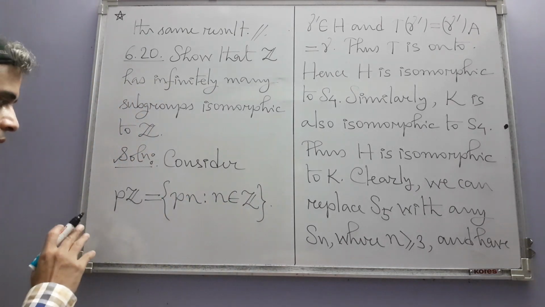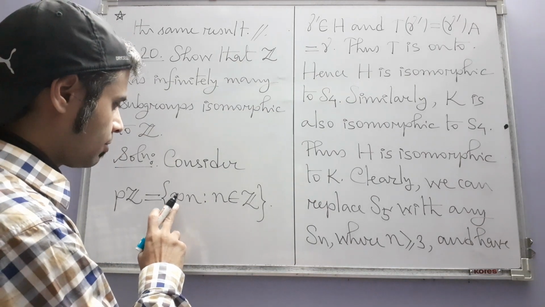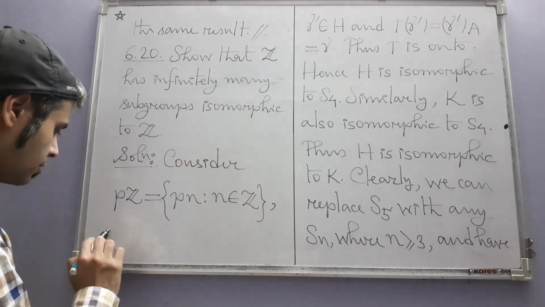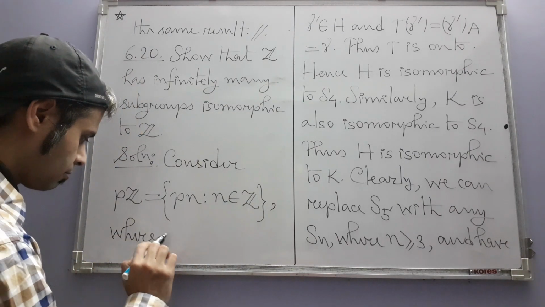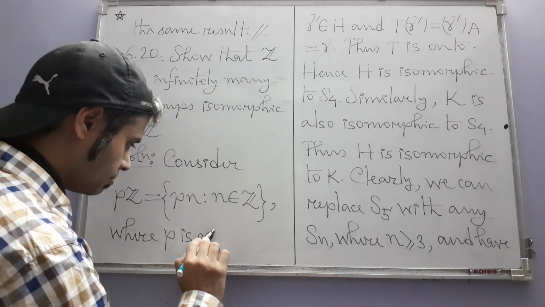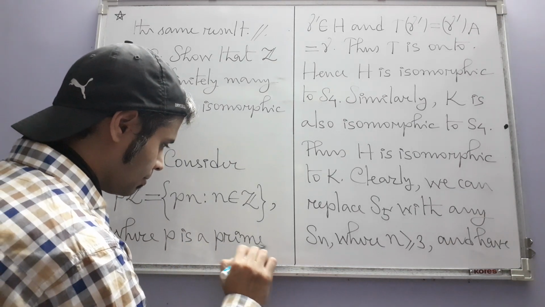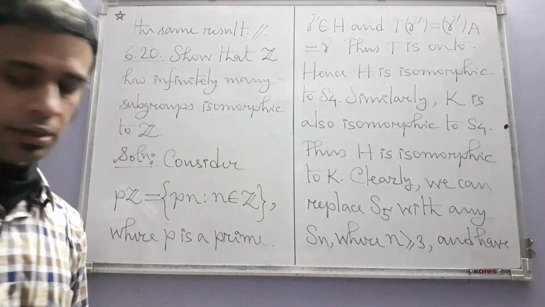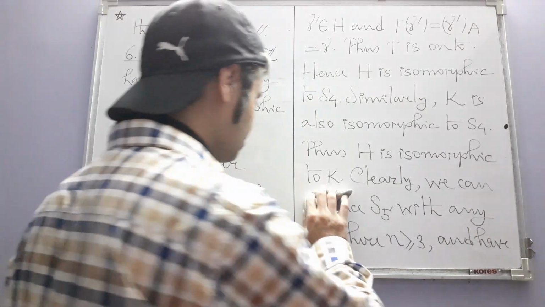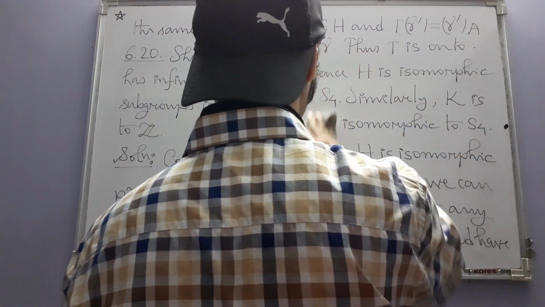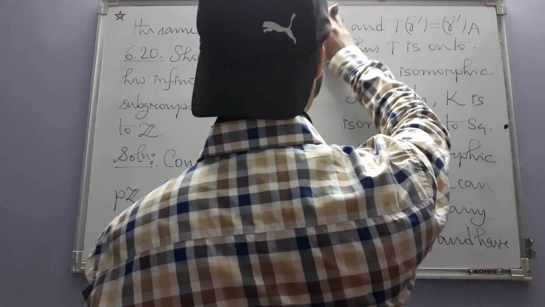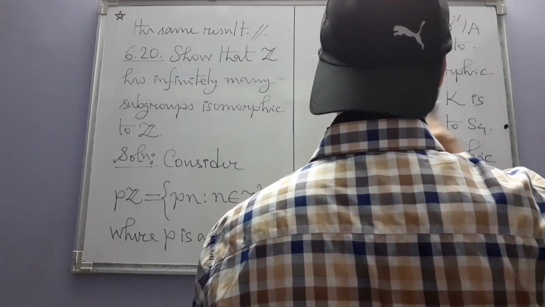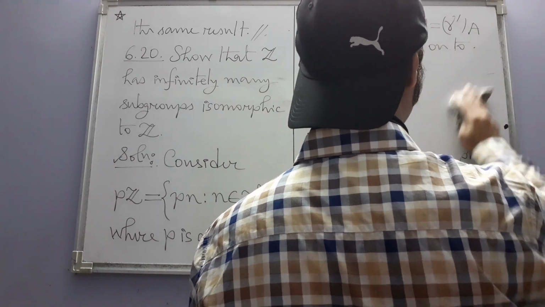It's the subset of Z consisting of all multiples of P, all integer multiples of P, where P is a prime number. You can take positive primes, of course, the ordinary prime numbers. No need to consider negative, say minus 2, minus 3, because if you do, you will get the same thing. So what I am saying is that PZ is the same as minus PZ.